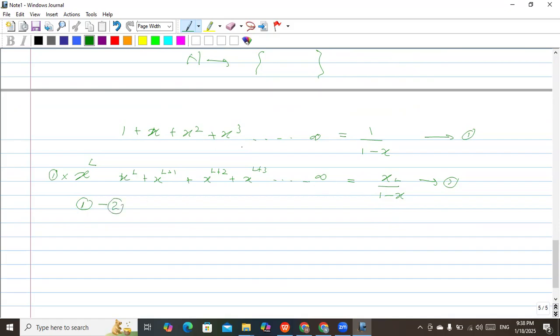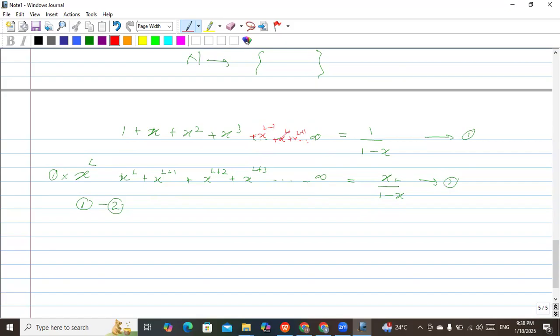So here, after some time, you will have plus xl minus 1 plus xl plus xl plus 1, so on up to infinity. If I subtract 2 from 1, what happened? From XL, these terms will be reduced.